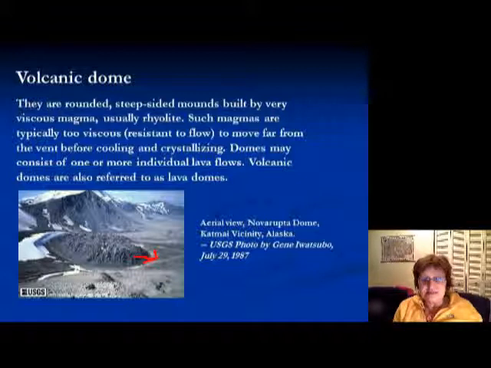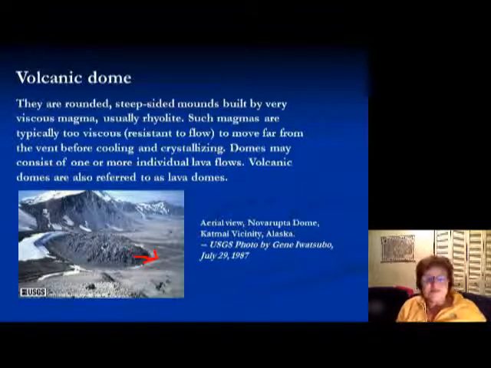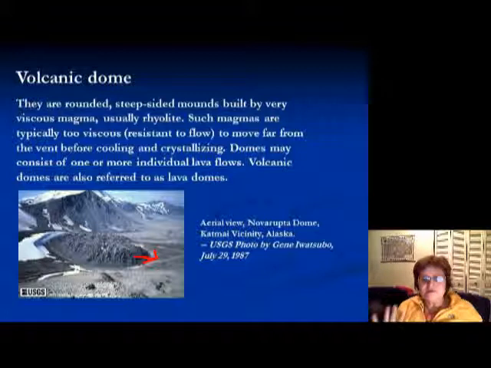As you can see here, it stays right there. Volcanic domes can also be called lava domes. So volcanic dome, lava dome are synonyms. A lot of the volcanoes in Alaska are like this, because that's also an oceanic-continental plate boundary, so you can get a lot of very felsic, very eruptive lava volcanoes.